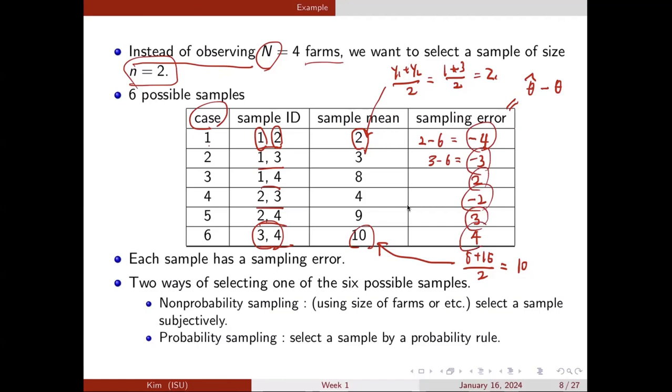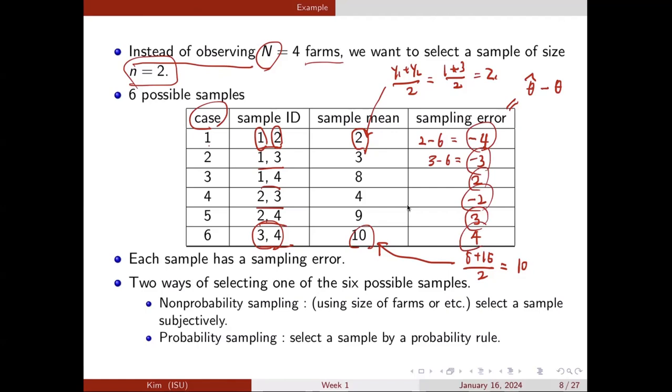Okay, so we cannot really avoid having errors, right? Usually, we pay the price because we don't observe every element, but only a sample subset. The price we pay is the existence of error.